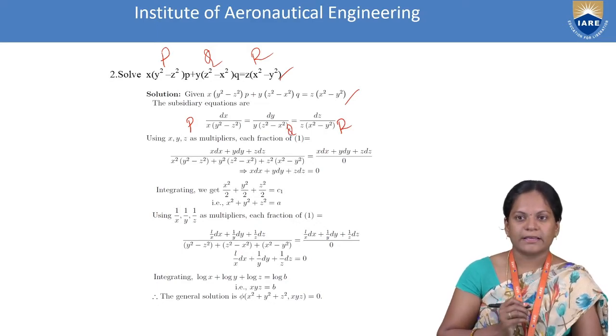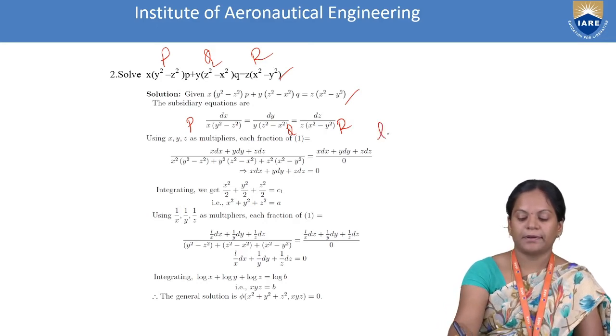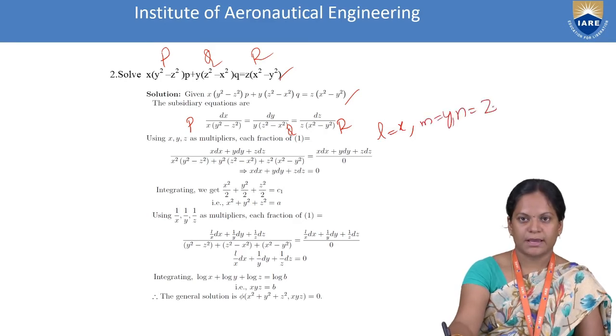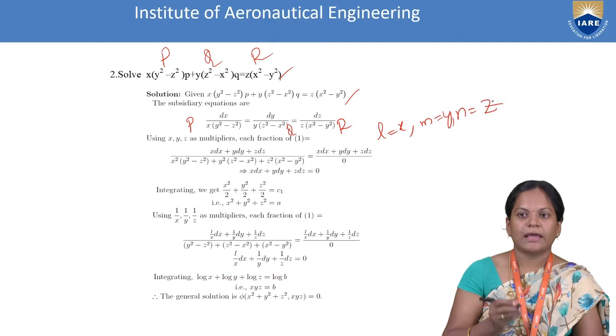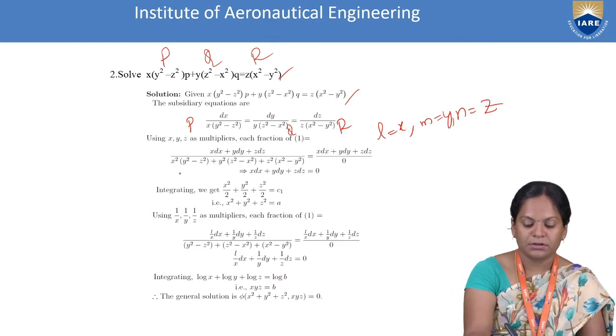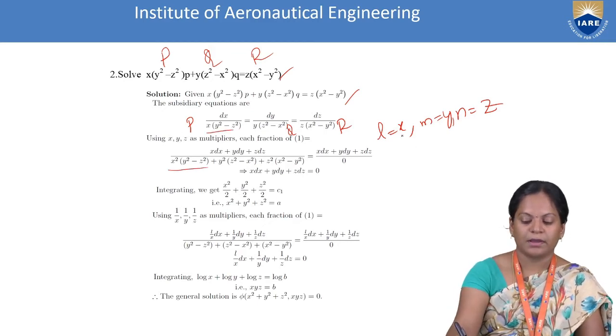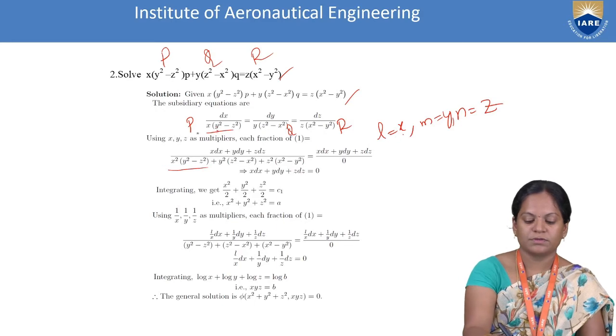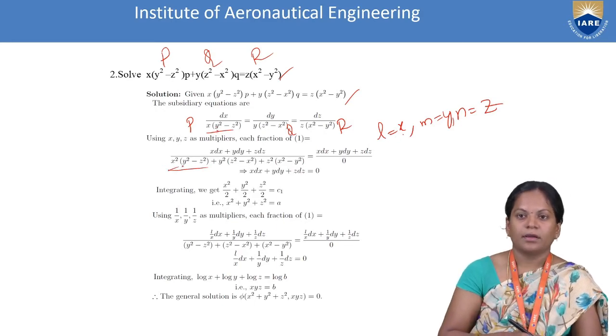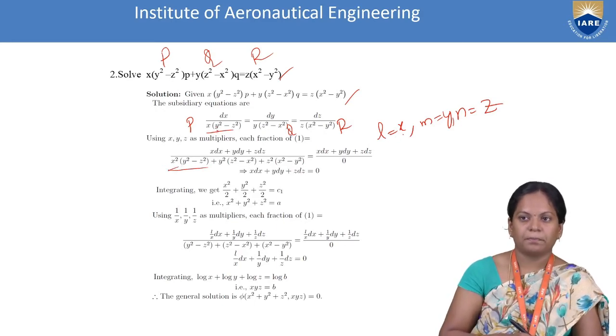Now use x, y, z as multipliers. Why am I choosing x, y, z as multipliers? If we take L equal to x, M equal to y, N equal to z, then LP plus MQ plus NR value equals 0. That is nothing but the denominator. Already here we have x into this one. Multiply L into P: x into x, we have x square into y square minus z square, plus.